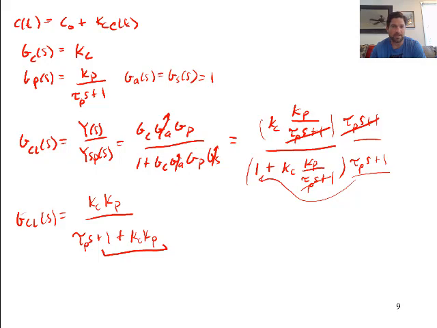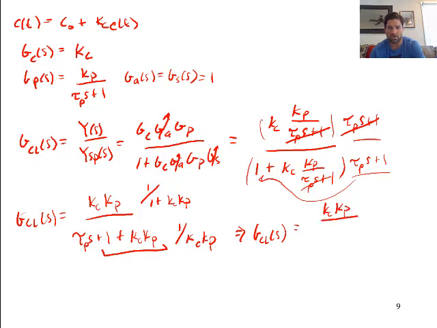So again, I'm just going to multiply this whole thing by 1, and instead of that, I'm going to do 1 over 1 plus Kc Kp on the top and on the bottom. All right, so this is going to give us now the final transfer function. On the top, we have Kc Kp over 1 plus Kc Kp.